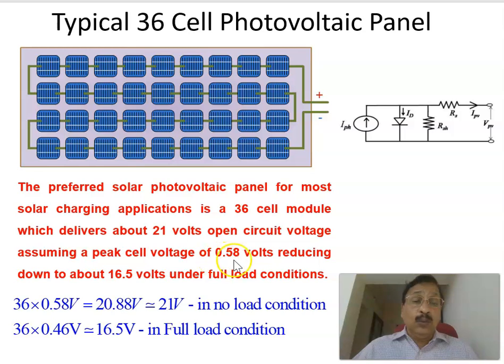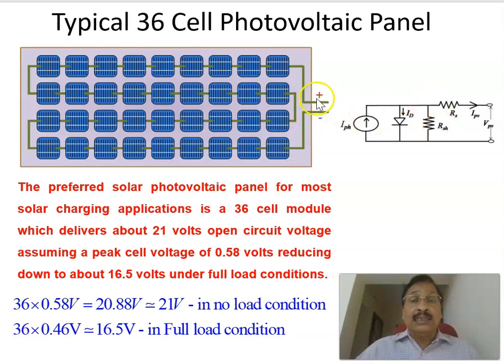That is why the voltage drops from 21 volts to 16.5 volts, as the per cell voltage reduces from 0.58 to 0.46.